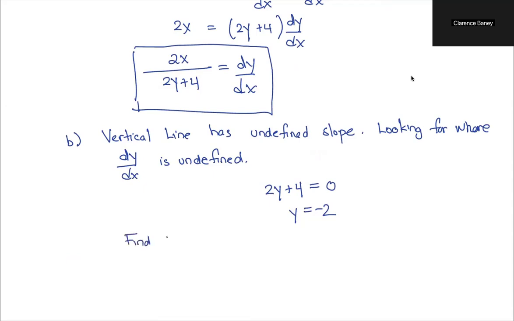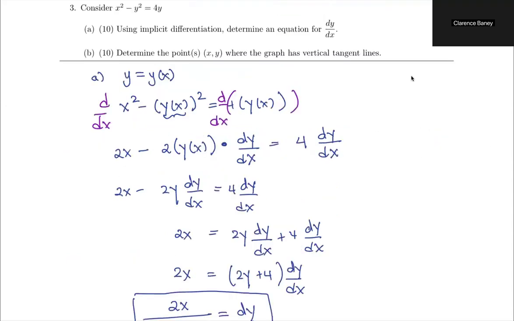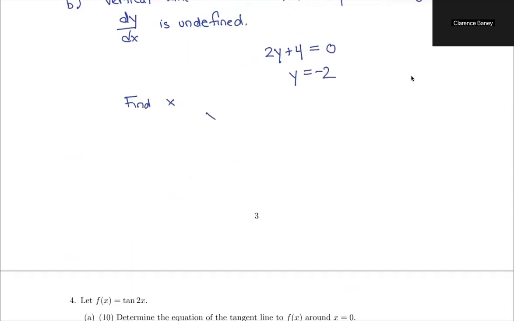So in order to find x, I need to take that value of y and plug it back into my equation, which is x squared minus y squared is equal to 4y. And so that's going to be x squared minus 2 squared is equal to 4 times minus 2. Or x squared is going to equal, I think this is going to be positive 4? No, negative 4.